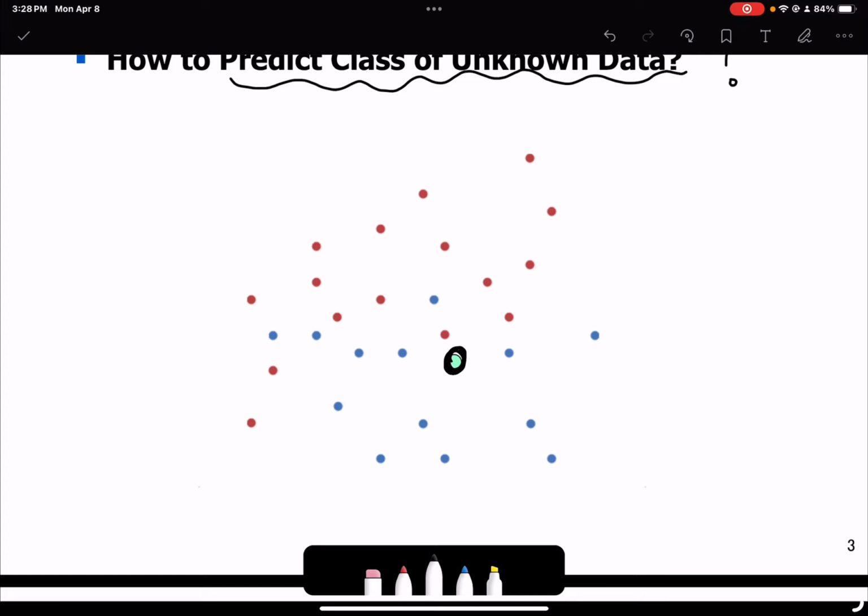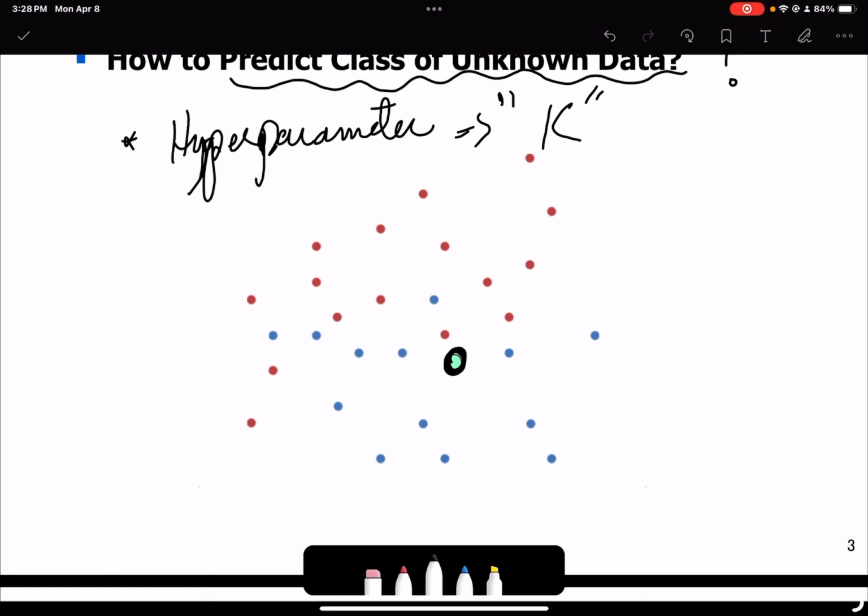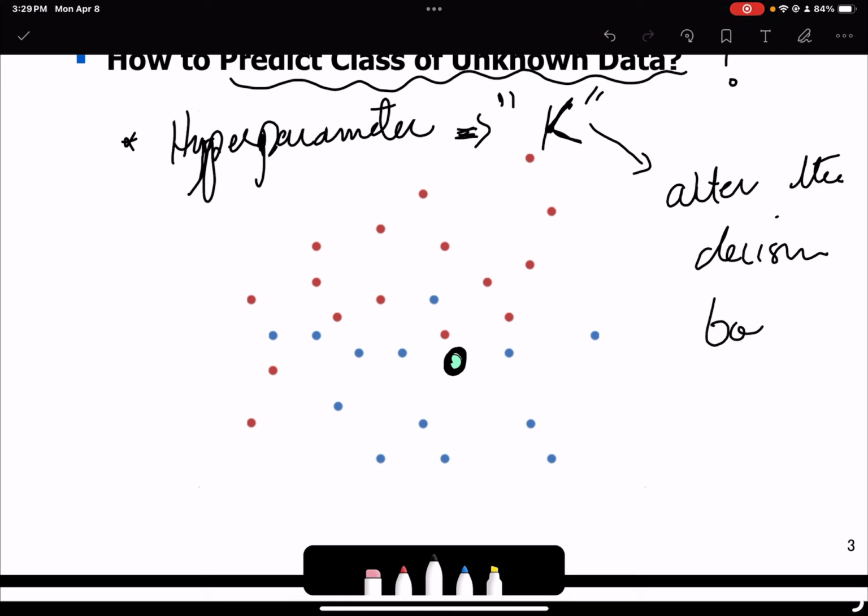In the KNN algorithm, the hyperparameter K has to be very meticulously selected, because it can alter the decision boundary.